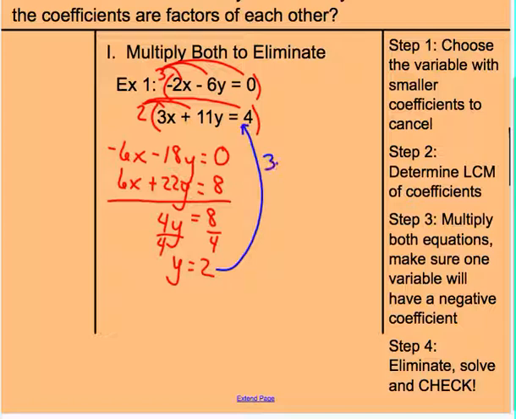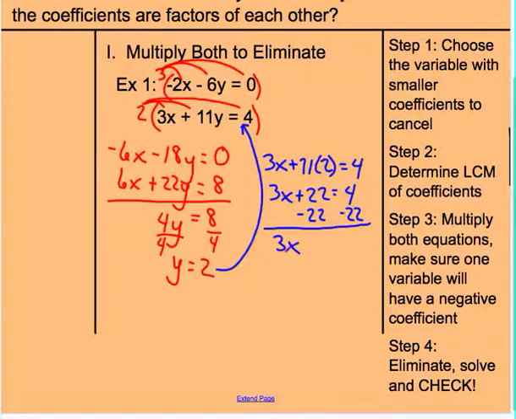So we have 3x plus 11 times 2 equals 4. 11 times 2 is 22. Subtracting 22 from both sides, we get 3x equals -18, and dividing both sides by 3, I get x equals -6.